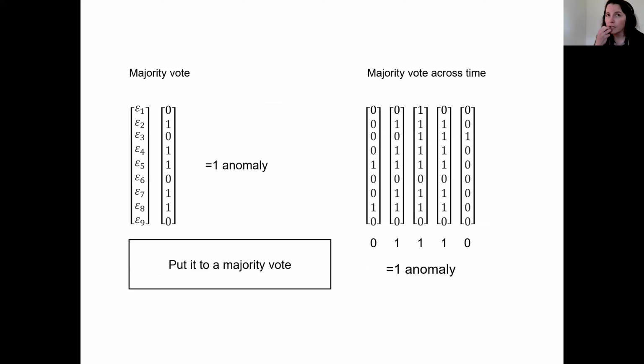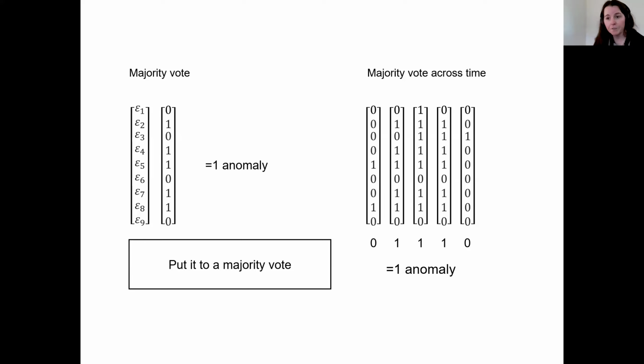This is a common tool that's often used in AI fields and ML especially. And so we have a vector here represented of these 9 different error values. We use our dspot error thresholding method that we talked about earlier, and we're going to return 0 or 1. Is it not an anomaly, 0, or is it an anomaly, 1?